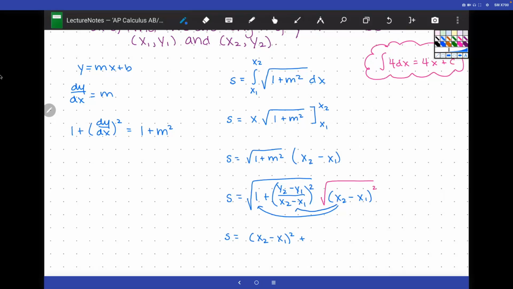And then we're going to multiply it by the fraction. Remember that fraction is squared. So the x2 minus x1 squared cancels out with the x2 minus x1 squared. Ah, wait a minute. Yeah, look what we got. Does this look familiar? It's the distance formula, which makes total sense. Because the arc length on a straight line is just the distance between the 2 points.